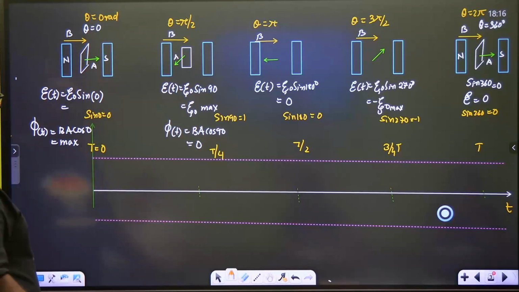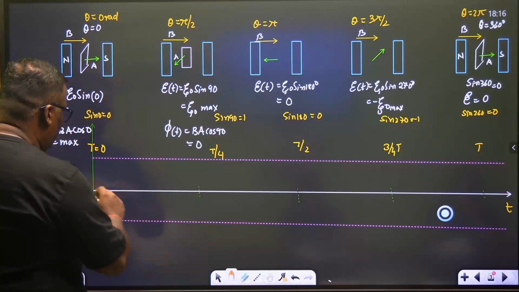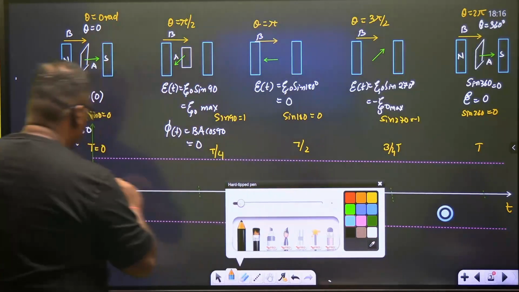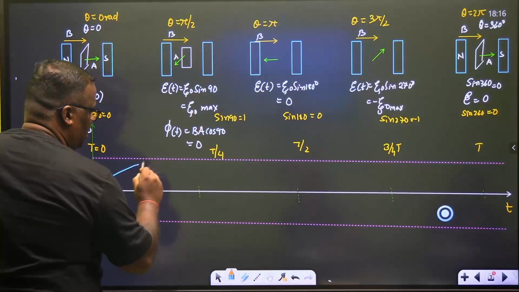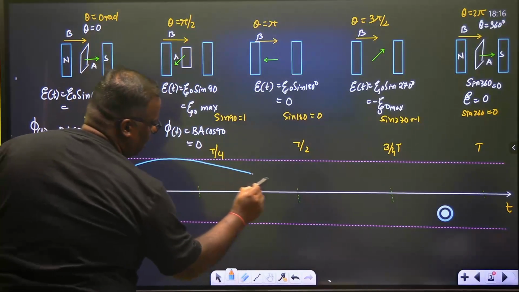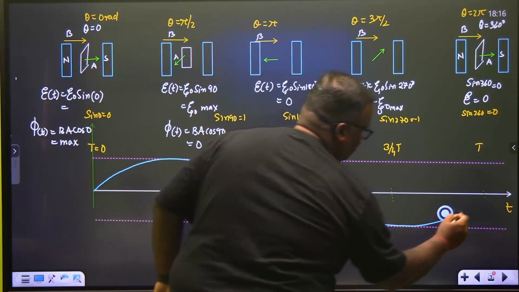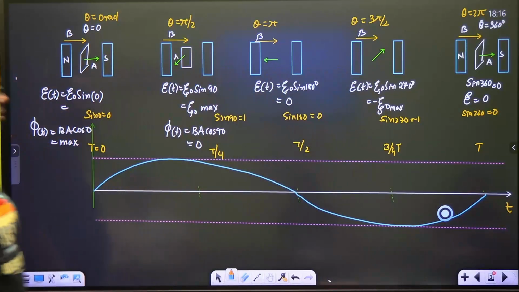And your function is what? Sine function. So your sine function will go in what manner? Let me draw the function with the blue curve. We will pick a maximum value here and again become 0. And again we will pick a maximum value here and become 0. This is the sine curve.